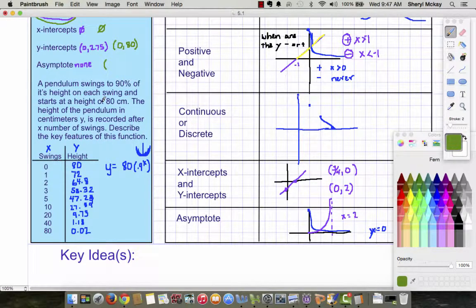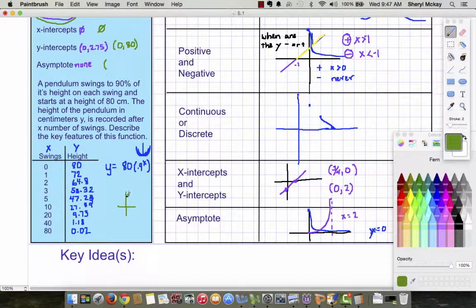Now, what is the asymptote? The asymptote is going to be the line that the function approaches but never hits, and that is y equals 0. Think about this here.